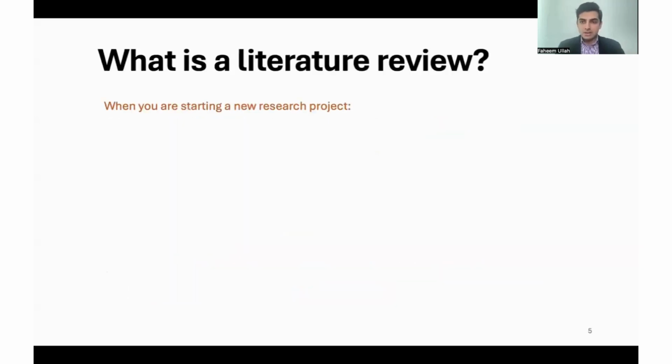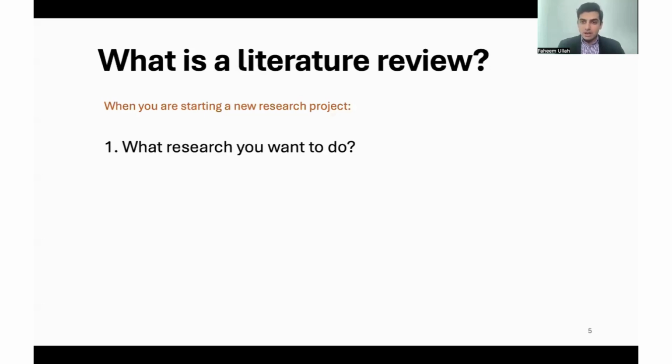So the first question that we need to start with is: what is a literature review? Now, literature reviews are carried out at different stages of your educational or academic career. When you're doing a bachelor's, there is a part where you might do a literature review. In your master's, you might also do one. In your PhD, you certainly have to, and also in your postdoc and academic career.